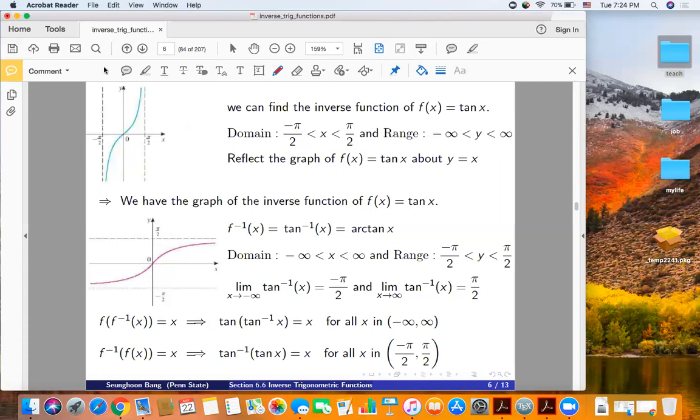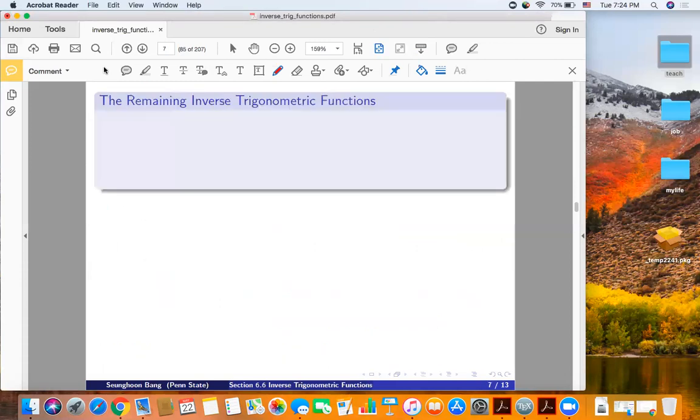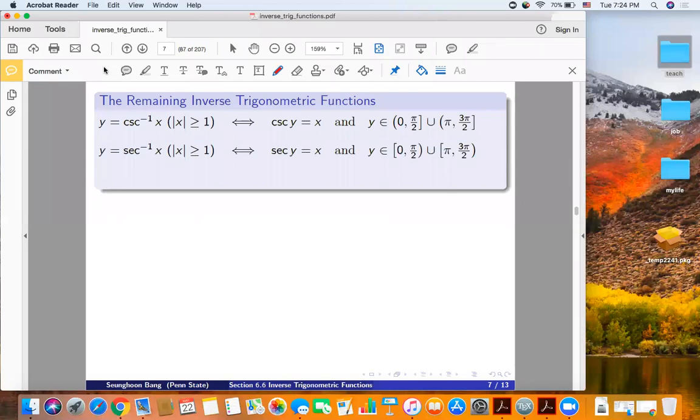The next one, the remaining inverse trig functions. I won't explain them more. You can define inverse cosecant, inverse secant, inverse cotangent. So this is possible.